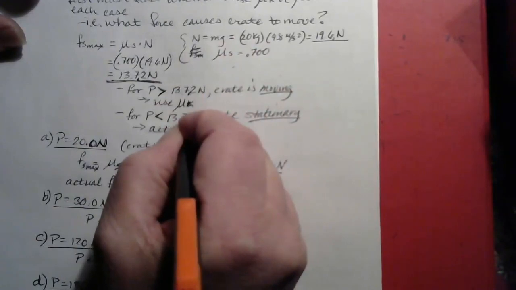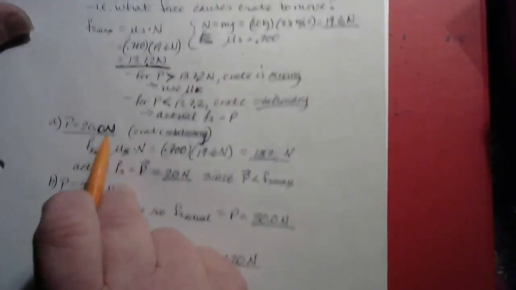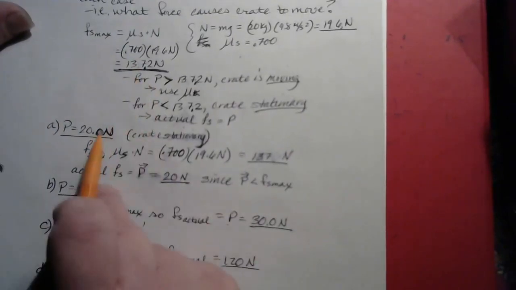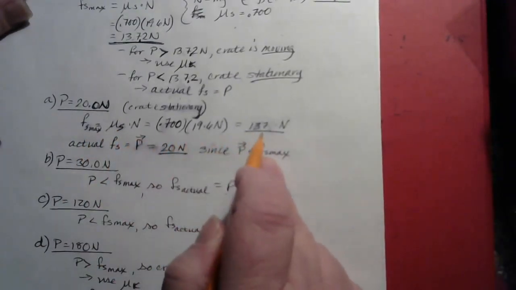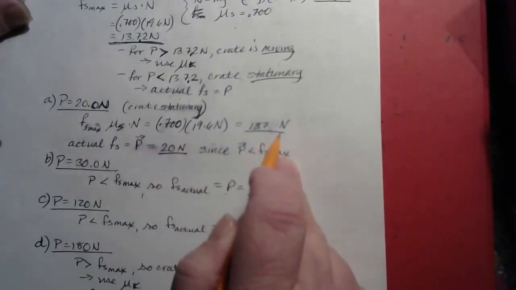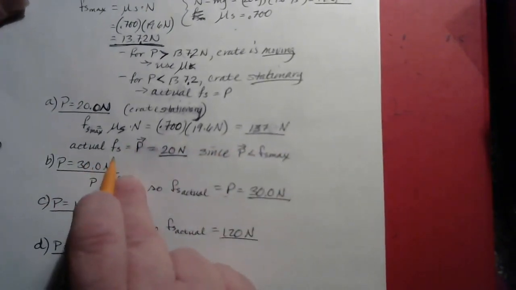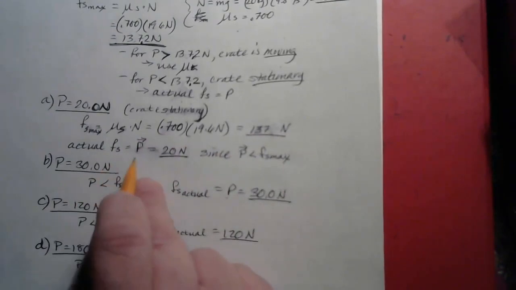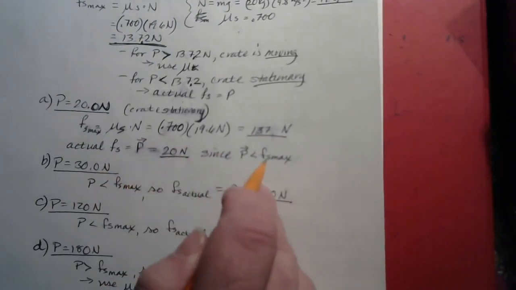So let's see what we're given here. P equals 20 newtons. 20 newtons is less than 137.2, so the crate is stationary. Fs max we saw was 137.2 newtons. The actual force of static friction will be equal to the pushing force, which is 20 newtons.